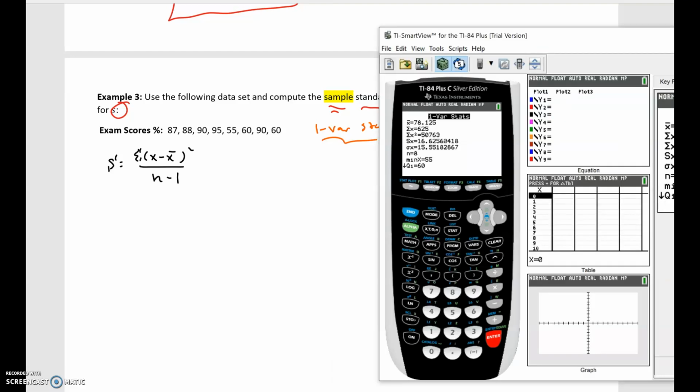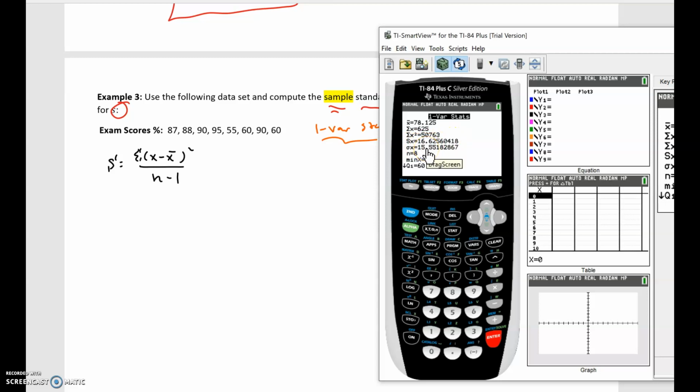Running my one variable stats on this data set, I'm obtaining the following. In this case, we have a mean of 78.125. Since this is a sample, your standard deviation is this one.